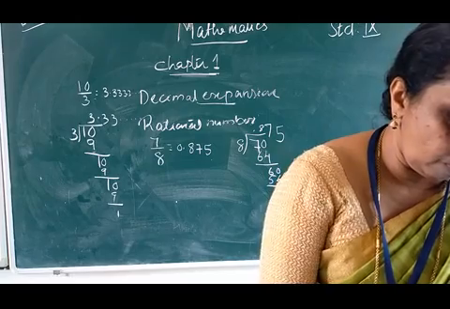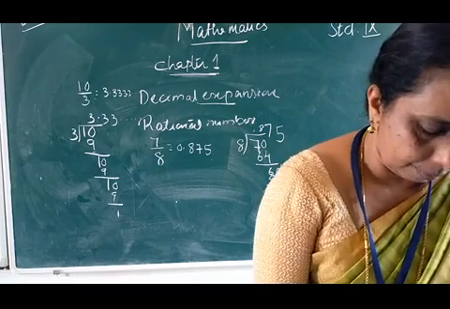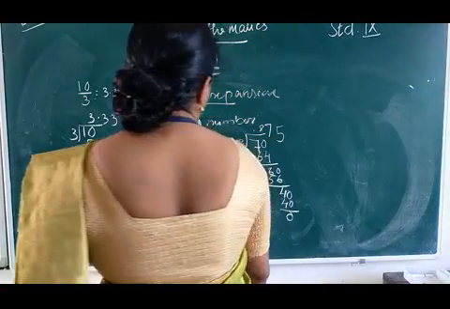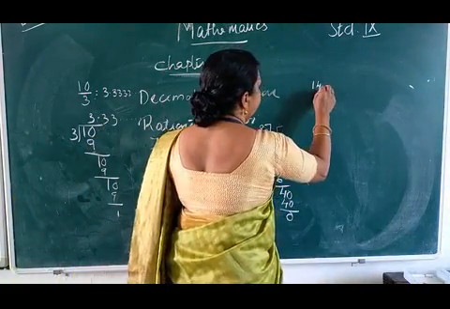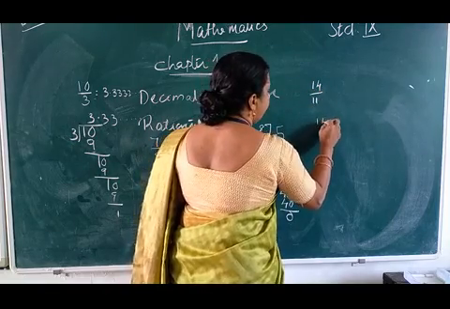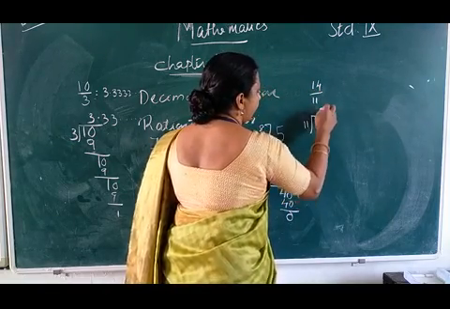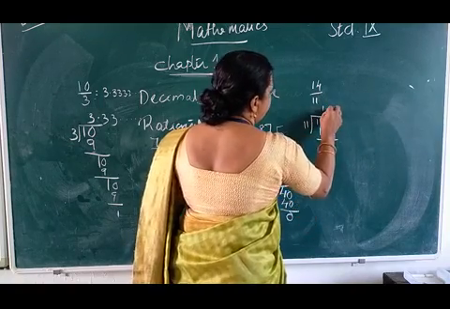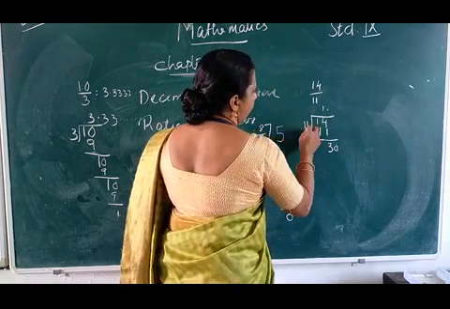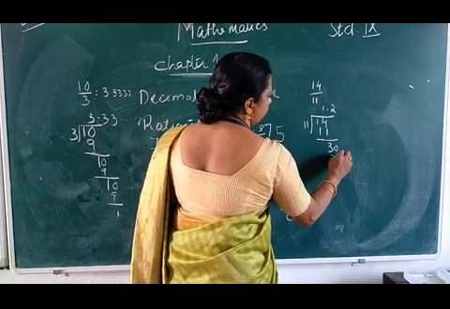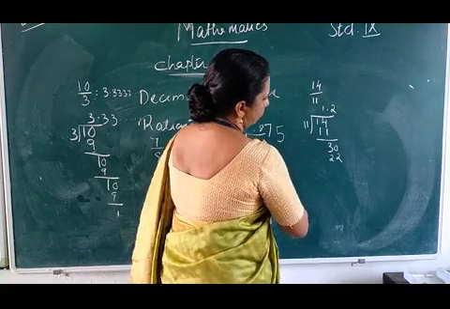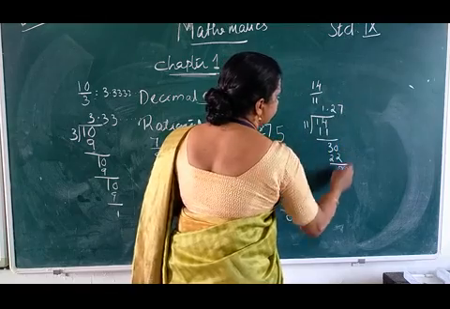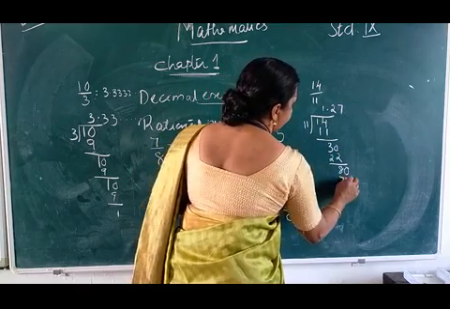One more example of the decimal expansion of a rational number. Here we take 14 by 11, 14 divided by 11. 1 time 11 we get 3, then we put a 0. 11 2s are 22, we get 8. Again put a 0. 11 7s are 77.